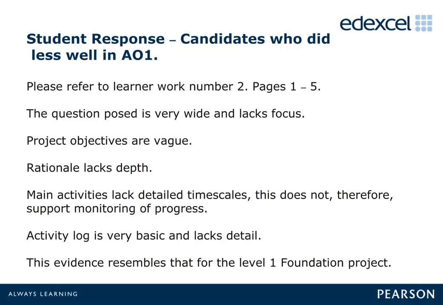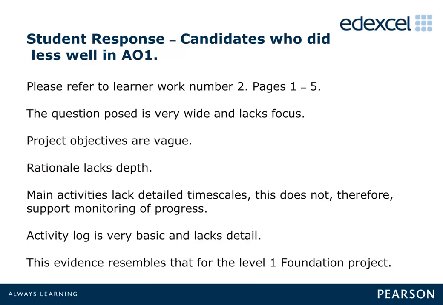This slide focuses on evidence provided by learner number 2 for assessment objective 1. This work lacks detail. The proposed question is very wide and therefore difficult to address in 60 guided learning hours. The project objectives are a repeat of the research question and do not divide the question into manageable tasks.